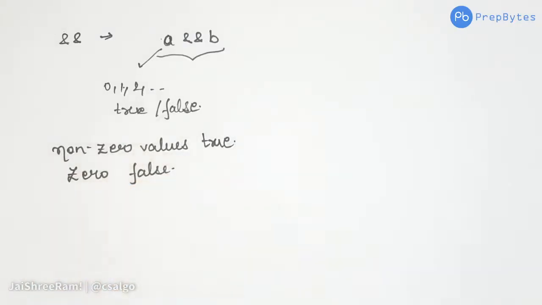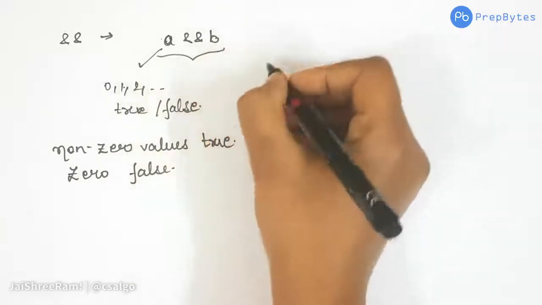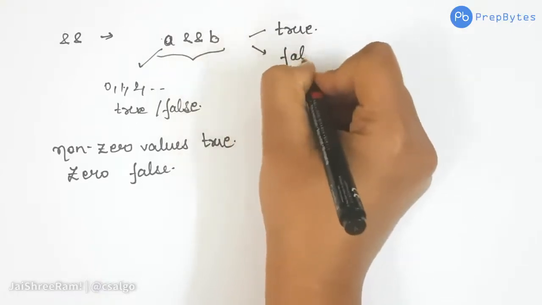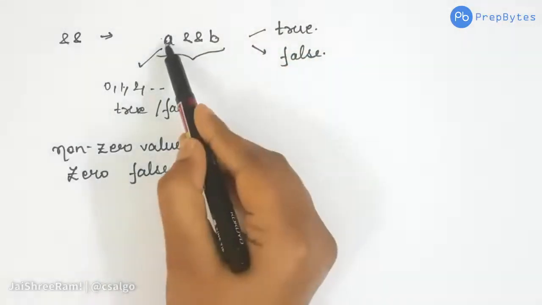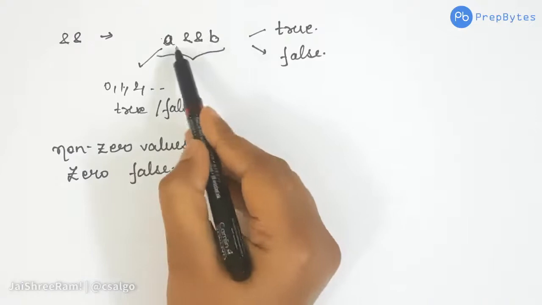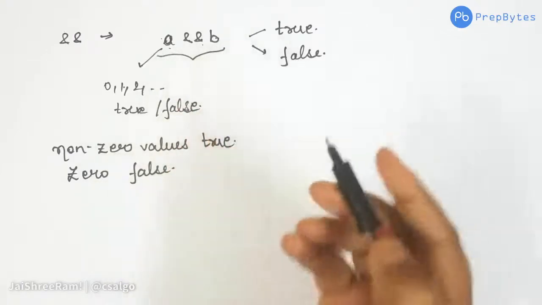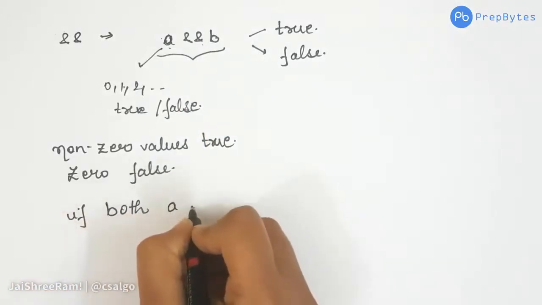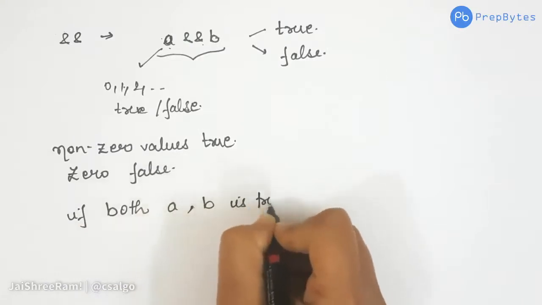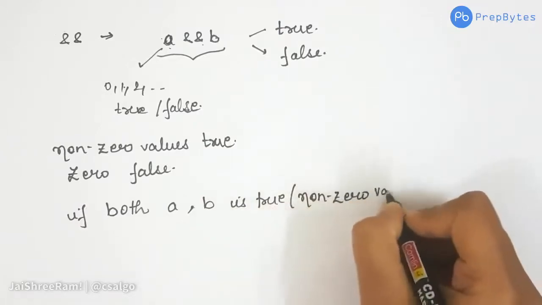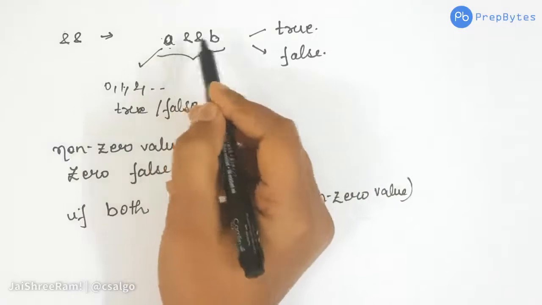What happens generally in the case of A and B is that the result can be either true or false. If both A and B are true, then only A and B will be true. I'll repeat, if both A and B are true or have non-zero values, then only the result of A and B will be true.